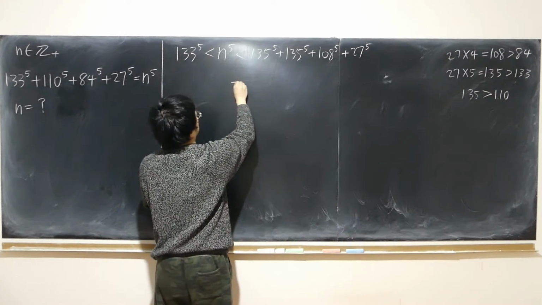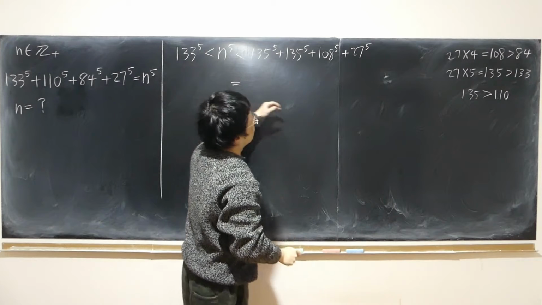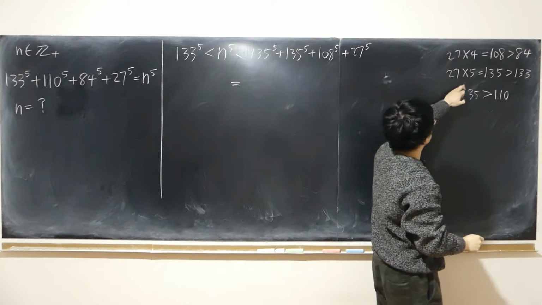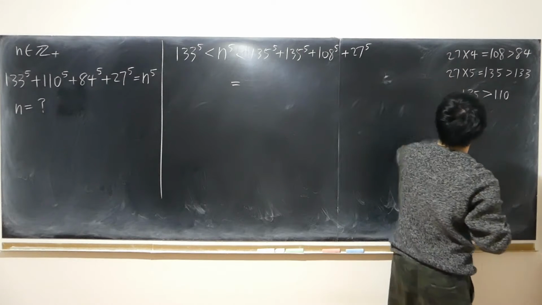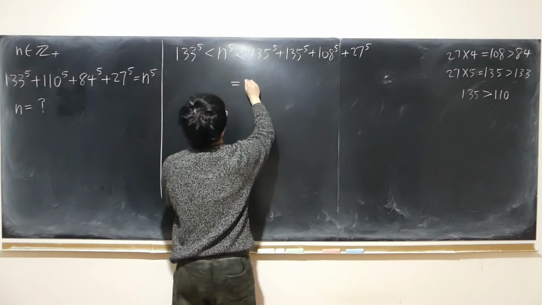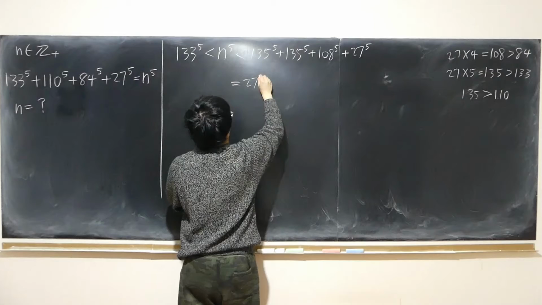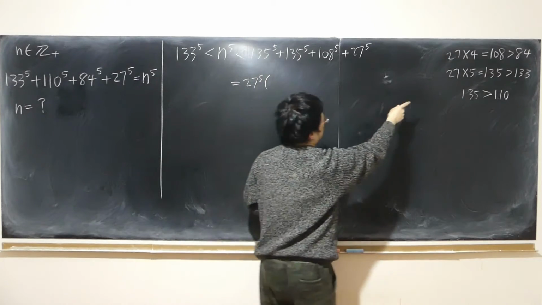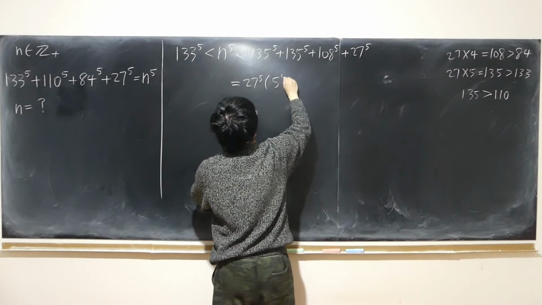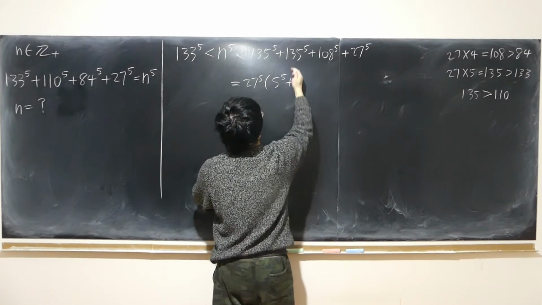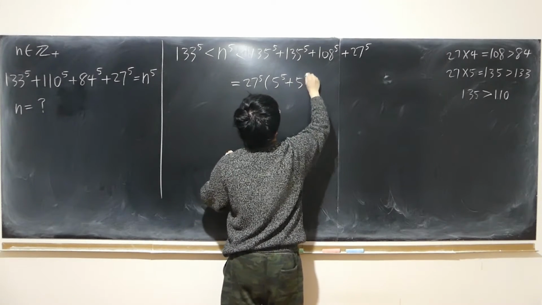So like I said, 135 is a multiple of 27, so we factor out 27 to the power of 5. We're left with 5 to the power of 5. Likewise, 5 to the power of 5.